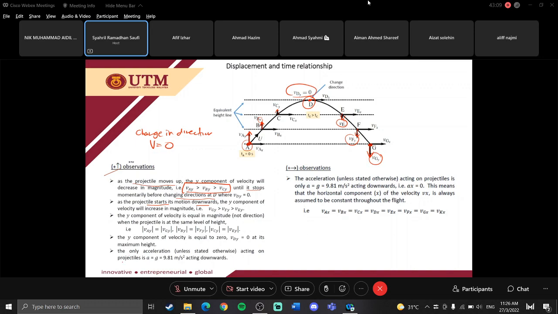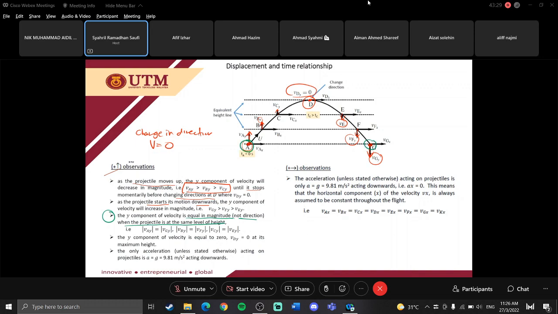The third point here is that the y component of velocity is equal in magnitude, not direction, when the projectile is at the same level of height. What is meant here? At point A and point G, there is the same height.